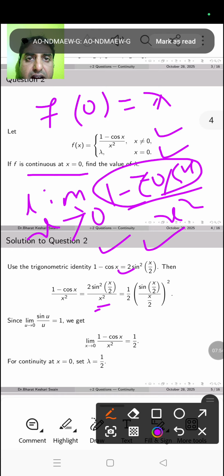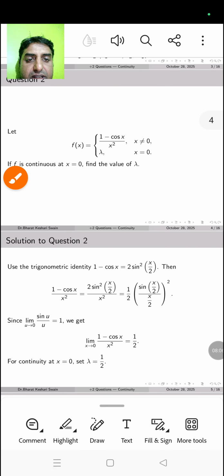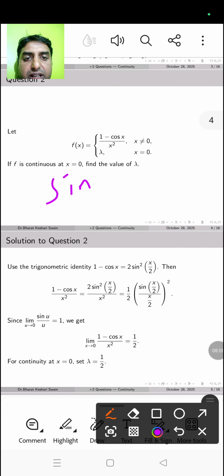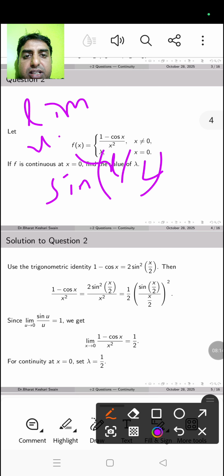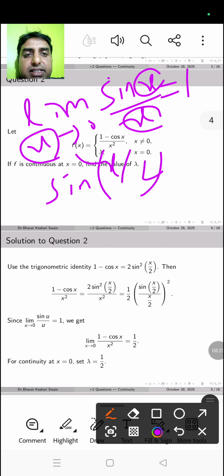Now you can write this as 1 by 2 times sine square (x by 2). We have a formula that limit x tends to 0 of sine x by x is equal to 1. In the formula, in every place there should be the same x, but here it is sine square (x by 2), while in the denominator it is only x square.